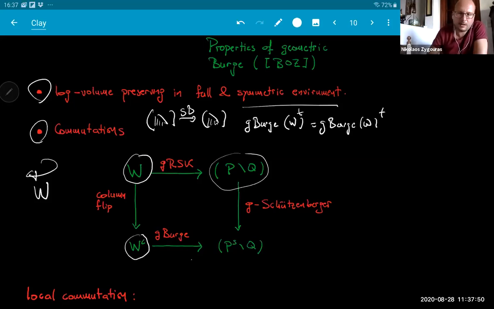Then you get the flipped matrix and then perform the geometric Birch correspondence. What you are going to get is a P and a Q tableau related to the P and the Q tableaux above, where the Q tableau stays the same, but the P tableau has had another action, which is called Schützenberger evolution. And in the geometric setting, we use the geometric Schützenberger evolution. Again, there is a piecewise combinatorial description in terms of local moves of the Schützenberger evolution.